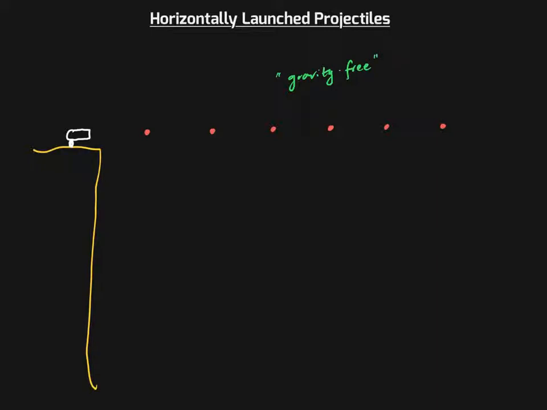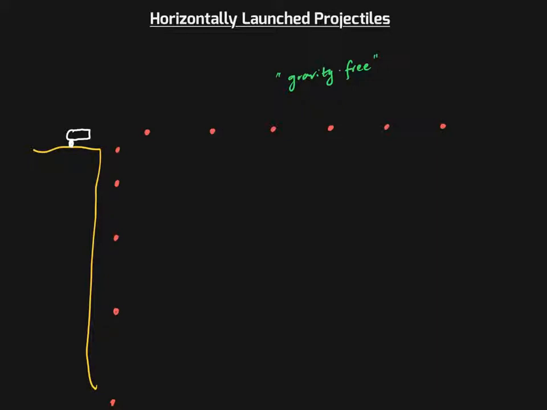Now, let's turn gravity back on, and let's just imagine that we just dropped a cannonball from the top of the cliff. Well, what is that going to look like? So that's probably going to look something like this. Okay, as time is going on here, our cannonball, the distance between those time intervals is actually increasing.